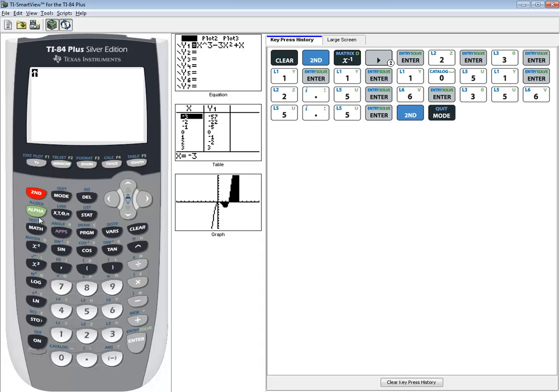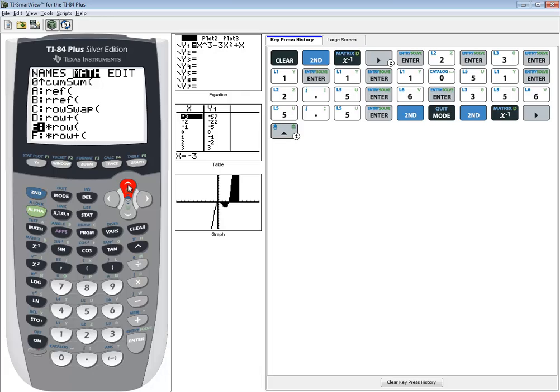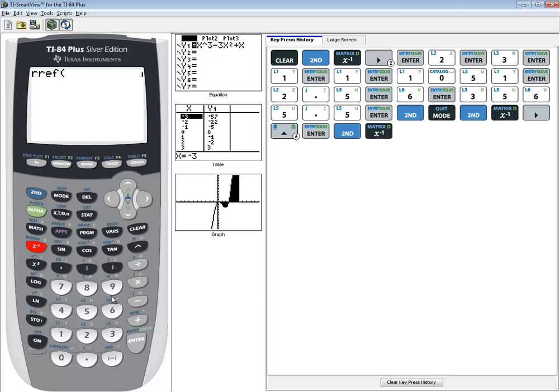And exit out, so I do second mode. Go back in the matrix menu, do second x negative 1. Go to math. Up arrow to REF. Press enter on it. Go back in the matrix menu. Do enter on A, enter again.